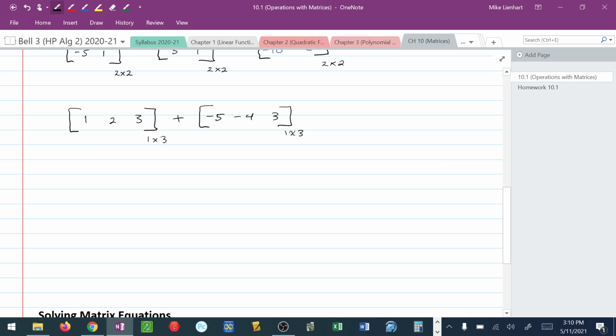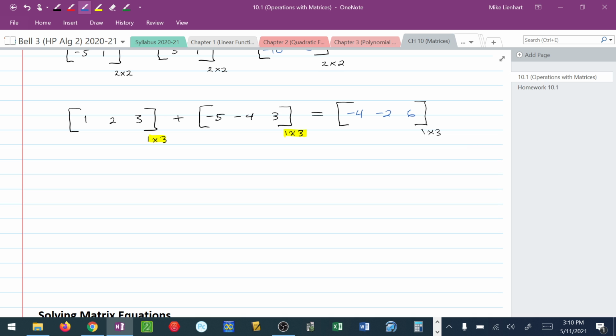I know that because I have a 1 by 3, adding a 1 by 3, I can do it, and my resulting matrix is going to be another 1 by 3 matrix. What are its elements? 1 plus -5, well, that would be -4. 2 plus -4, that would be -2. Notice how I'm leaving a little bit of space between each element. And then 3 plus 3, that would be 6. There's my resulting matrix.